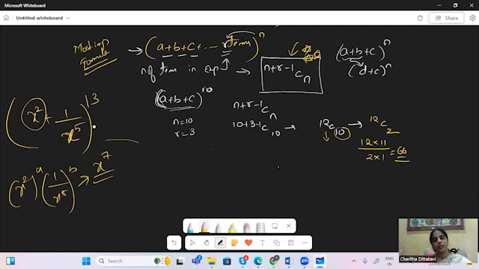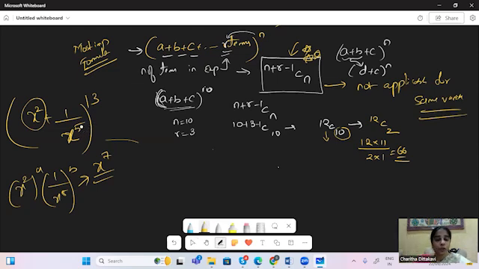And that might be repeated many times. Hence, this is not applicable when your terms have the same variable. Remember, not applicable for same variable terms. If you have the same variable, it is not applicable.